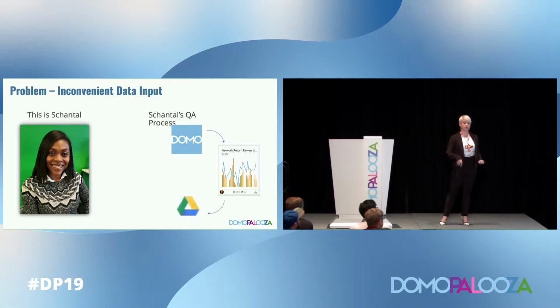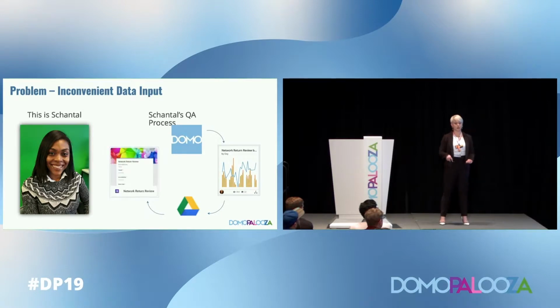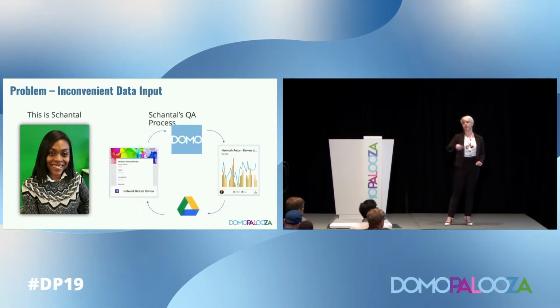Then she logs into Google Drive, where she goes to the form that we created for her to fill out and give us that data. And the spreadsheet generated from that form goes back into Domo, and that is where she finds that analysis again.